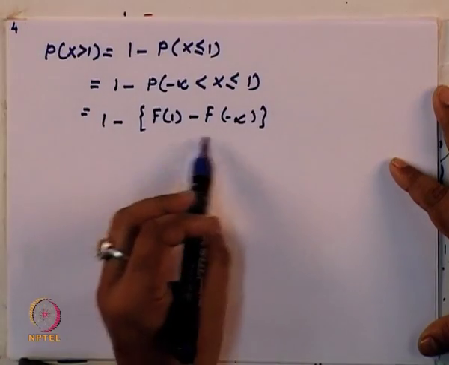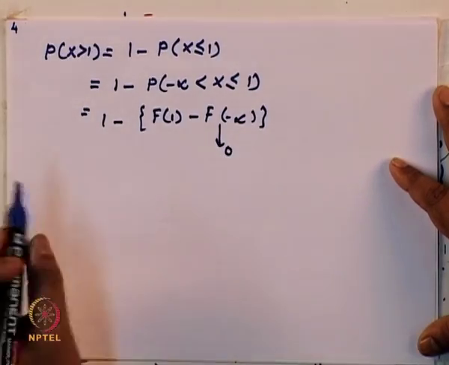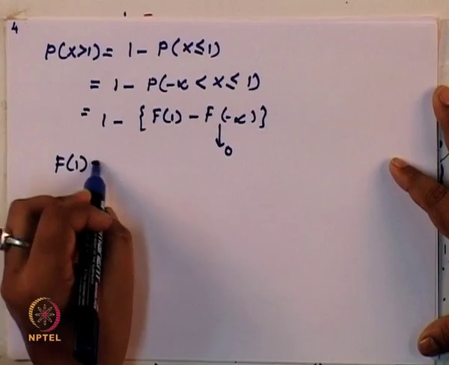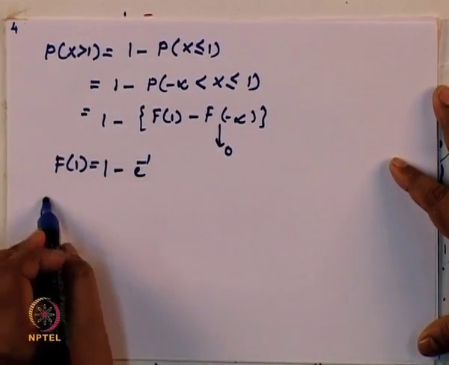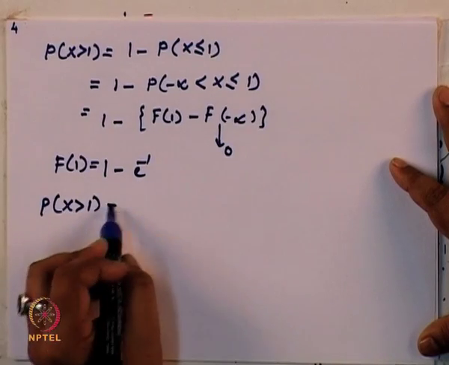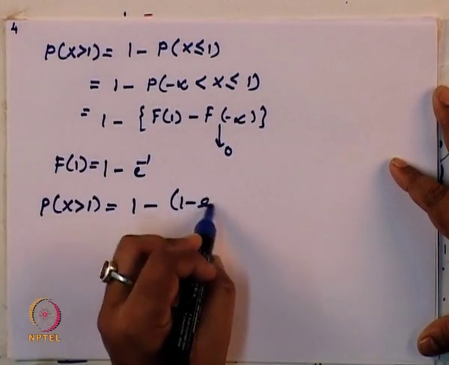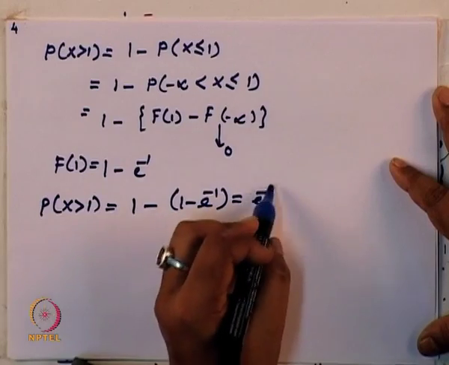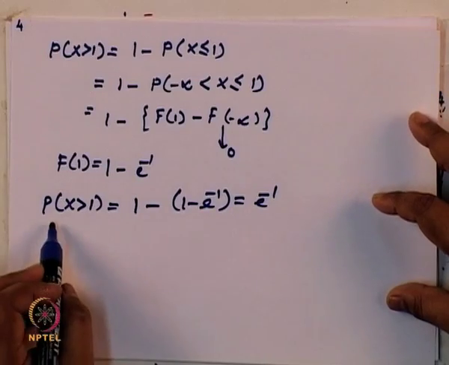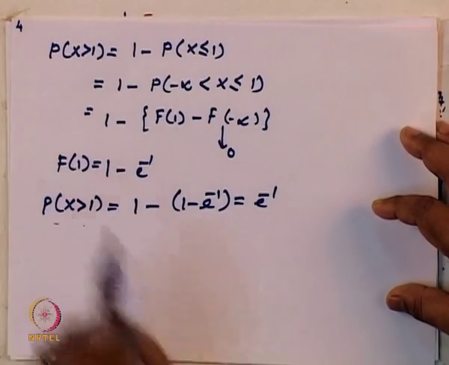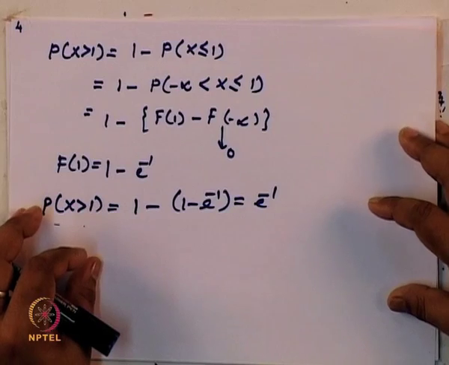For all these values this is nothing but 0, and f of 1 is given by 1 minus e to the power minus 1. So probability of x greater than 1 becomes 1 minus (1 minus e to the power minus 1), which is equal to e to the power minus 1. Okay, so this is how you can calculate probability if you are given a cumulative distribution function.